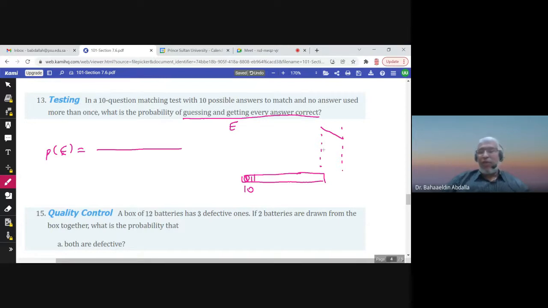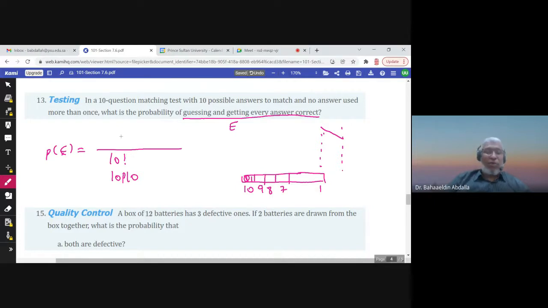So now the second question. How many answers are possible? Well, only 9 because one answer has been selected for question 1. Then 8, 7, up to 1. So it is 10 factorial, or it is 10P10. We are selecting 10 from 10 with order because we're answering question by question.